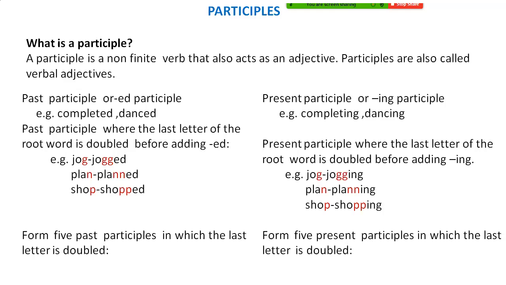This letter N is doubled before adding ed to make the word planned. Or let's take the word shop, in which P is the last letter. P is doubled before adding ed to make the past participle of the word shop, shopped.